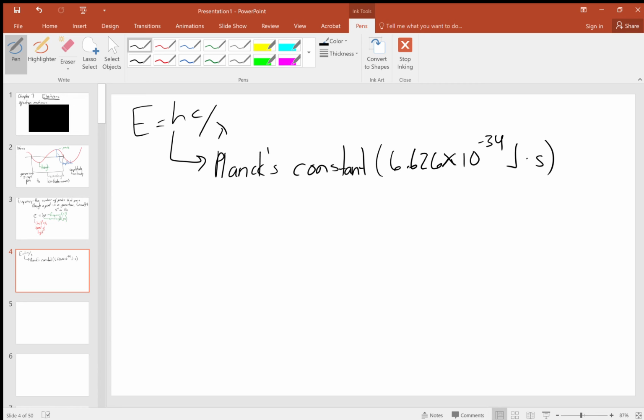But when they do matter is when you start dealing with light and with electrons. And so it turns out that with both light and electrons, they end up showing properties of both waves and particles.